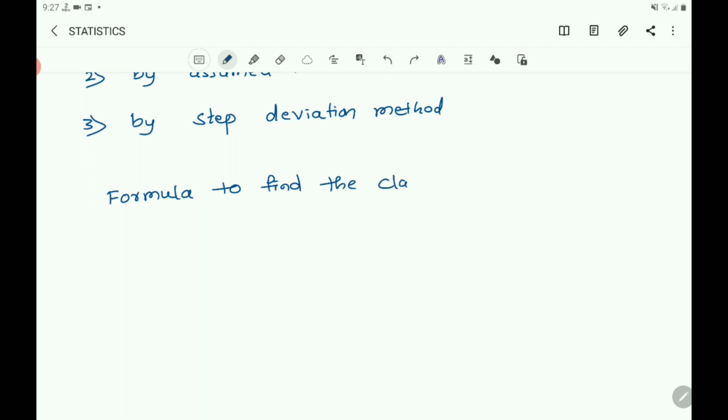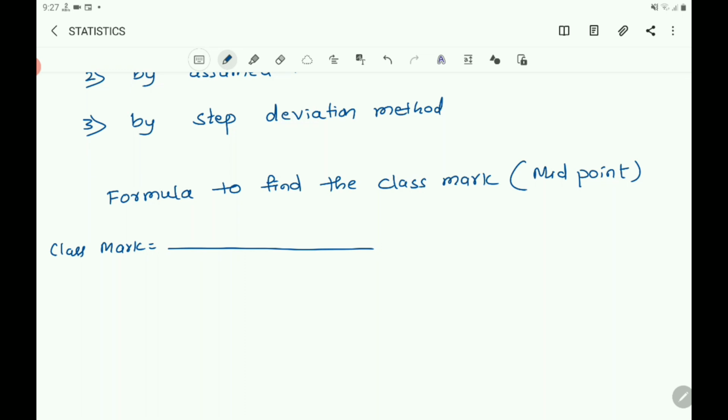The midpoint of the class interval is called the class mark. So class mark equals upper limit plus lower limit divided by 2.